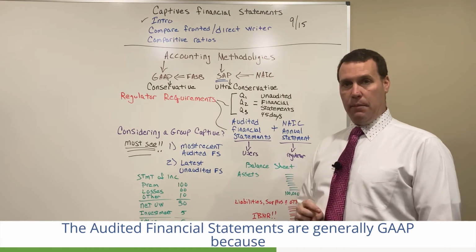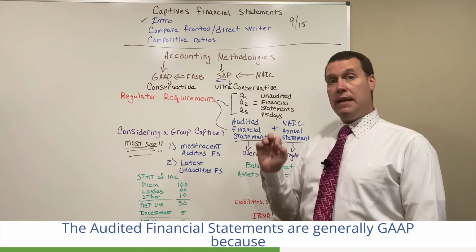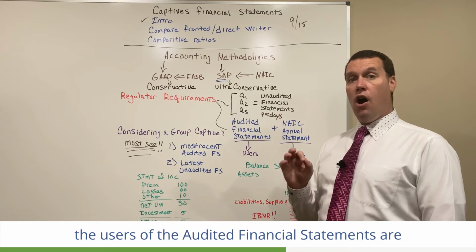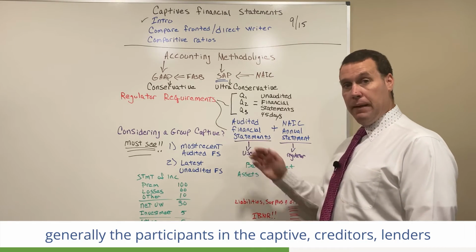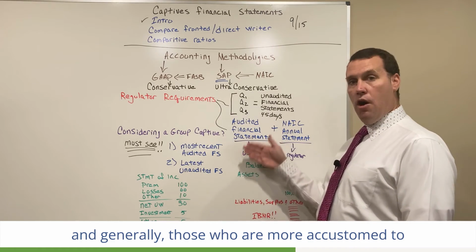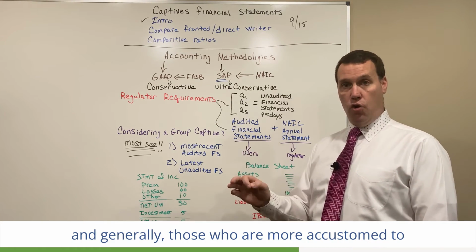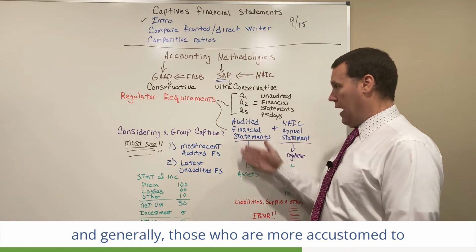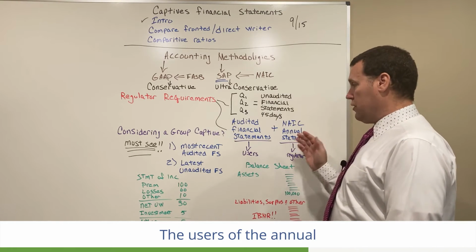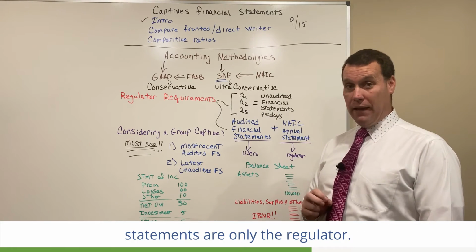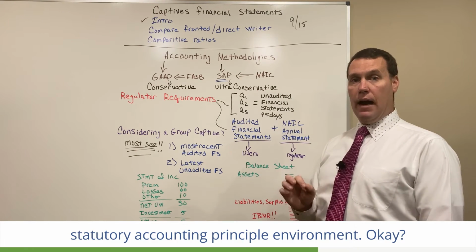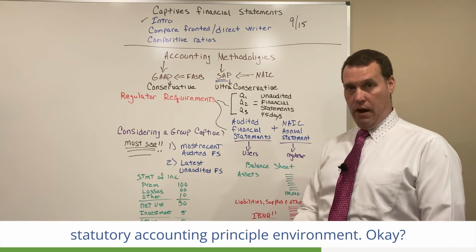The audited financial statements are generally GAAP because the users of the audited financial statements are generally the participants in the captive, creditors, lenders, generally those who are more accustomed to an audited financial statement format. Okay? The users of the annual statement are only the regulator. The regulator works within a statutory accounting principle environment.